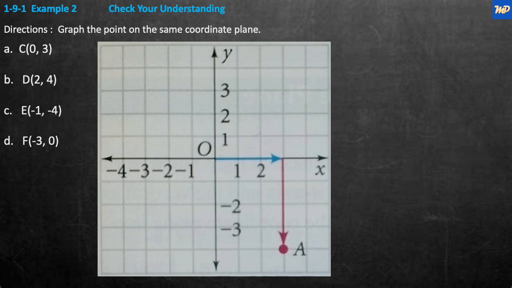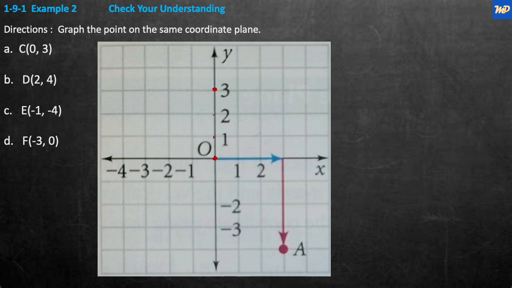Okay, I'm assuming you've done that and you're back, so let's give it a shot. Point C is x is 0, y is 3. So we're starting here at x is 0, and y is 3. 1, 2, 3. So here it is.